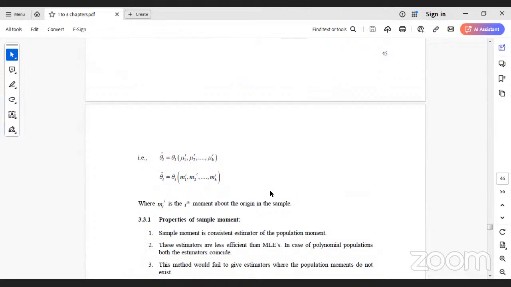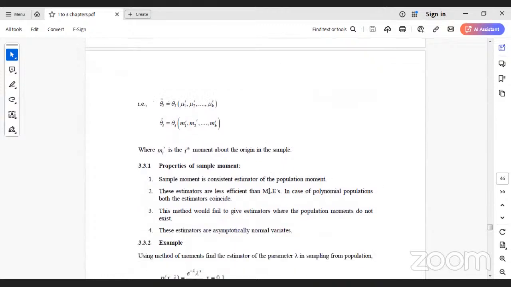So theta i cap is given in terms of m1 dash, m2 dash, m3 dash, up to mk dash, where mi dash is the ith moment about the origin of the sample we are taking here.